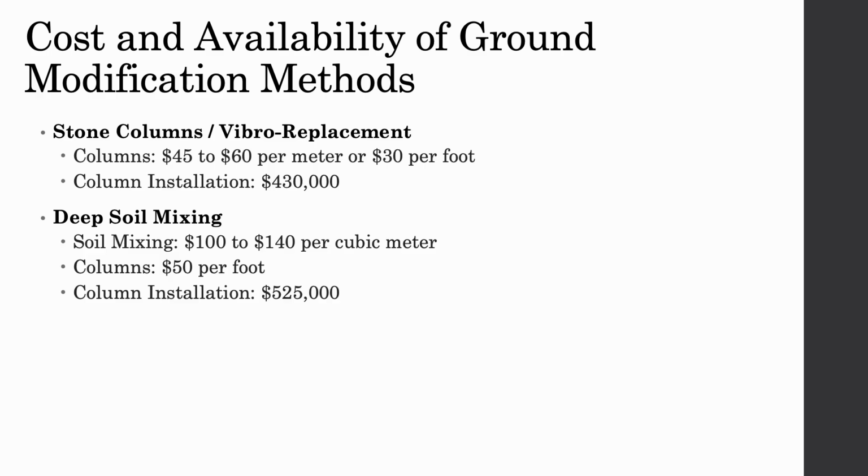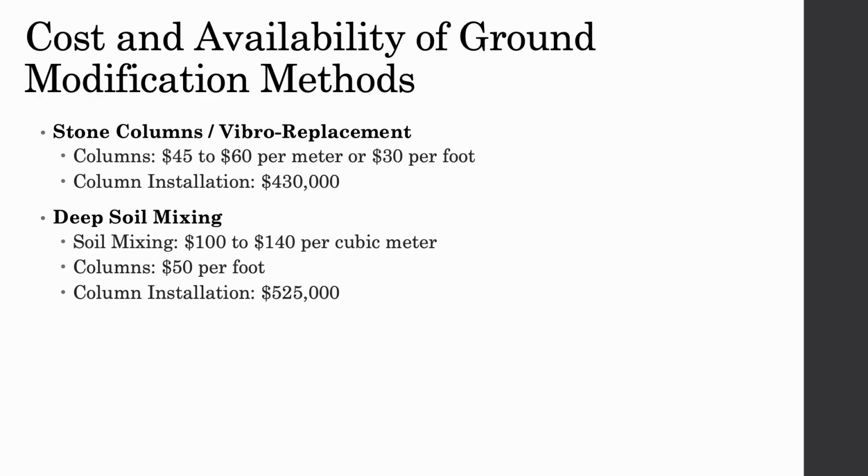Here are 2 more advanced ground modification methods with their estimated costs. Stone columns or vibro replacement typically cost about $45 to $60 per meter, or about $30 per foot. Full installation of these columns on a large site may total around $430,000. Deep soil mixing is a bit more complex and expensive.